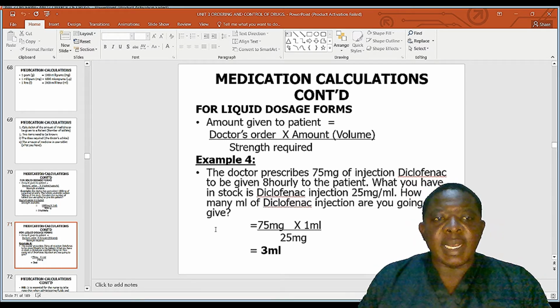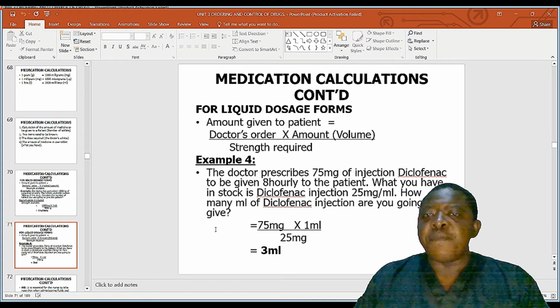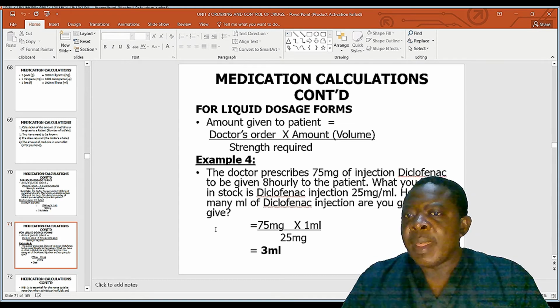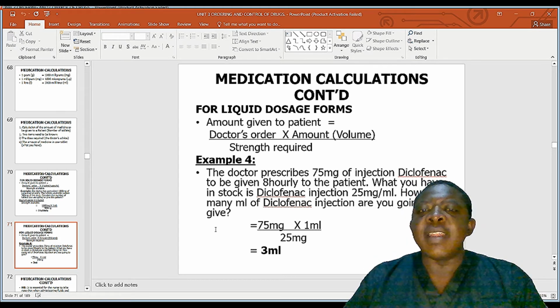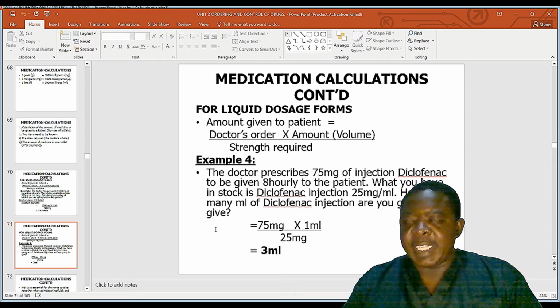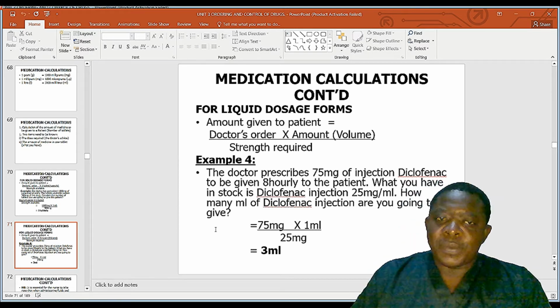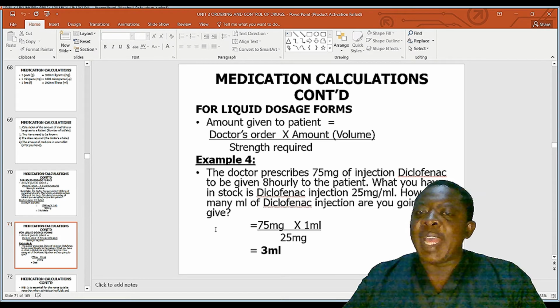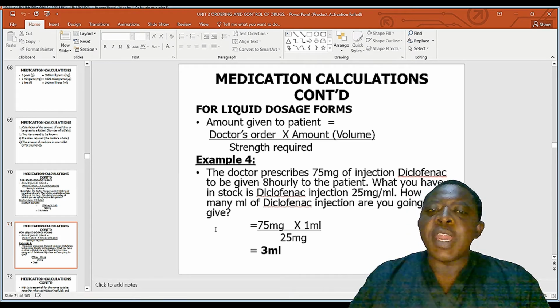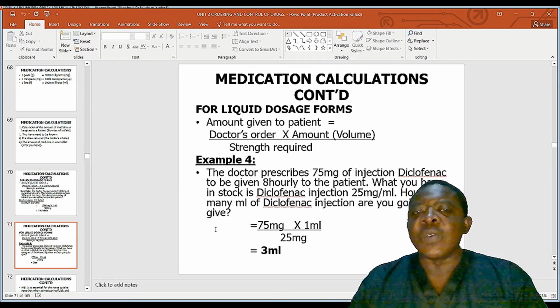The doctor has prescribed 75 milligrams of diclofenac injection to be given 8 hourly to the patient. What you have in stock is diclofenac injection 75 milligrams per ml. So how many ml of diclofenac injection are you going to give?